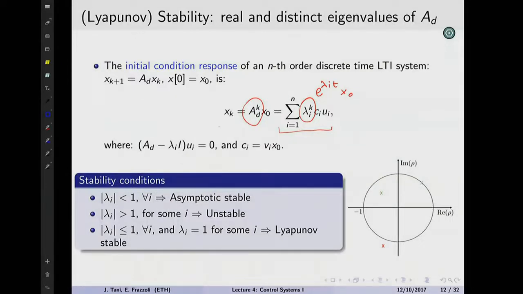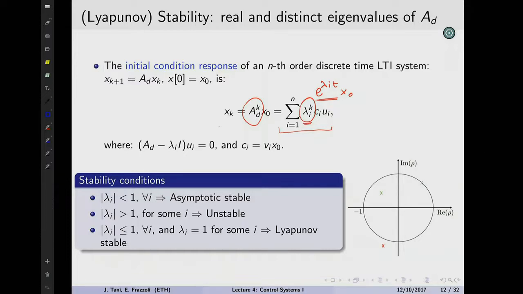Now, we see that the equivalent representation is no longer an exponential term, but it has this matrix power. So you'll just take my word on the fact that if we could diagonalize the A_D matrix, and we can if the eigenvalues are real and distinct, we can represent the solution in a completely equivalent way, similar to the continuous time, where the e^(lambda_i t) is now replaced by this lambda_i^k.